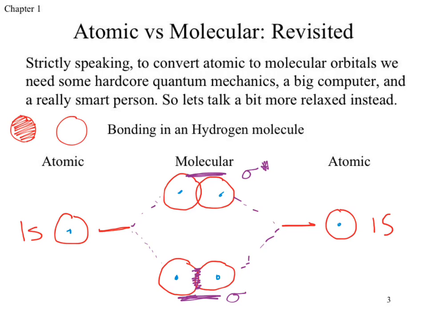Same phase, because in the bond, where are the electrons? In between the two atoms. So I would expect in my bonding orbital to have the exact same phase on both orbital lobes, which means I get that positive overlap.